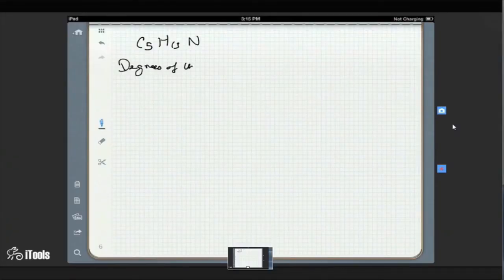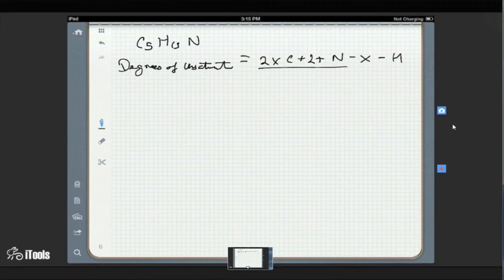So the N is like half of a carbon, right? So it'd be 2 times 5 plus 2 plus nitrogen minus 0 halogens minus 13 hydrogens, all over 2.